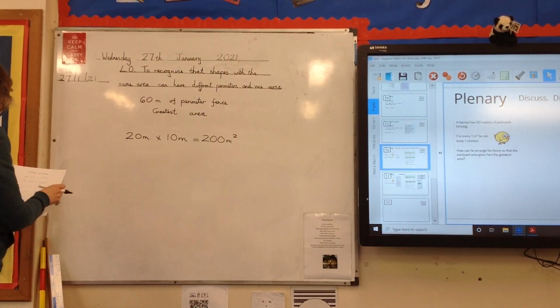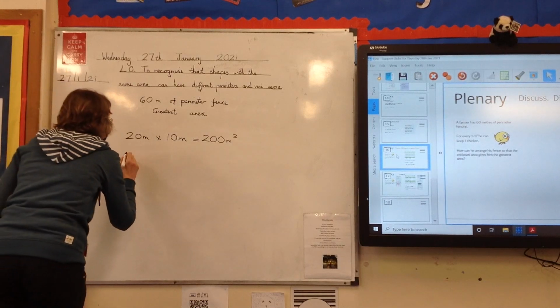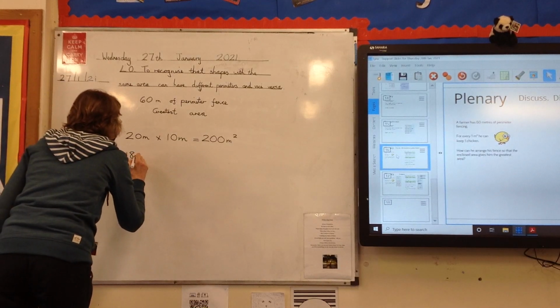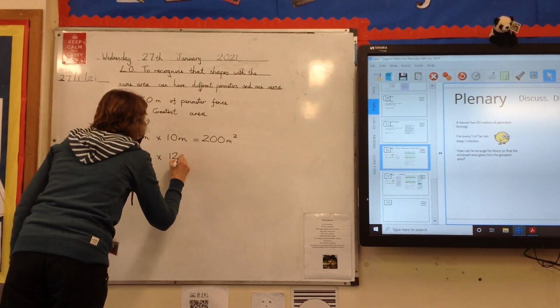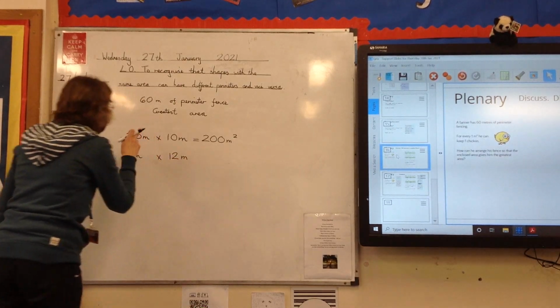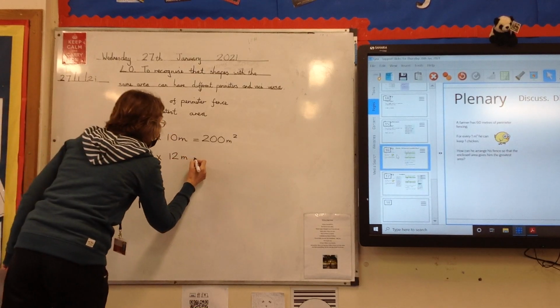So I looked at those numbers, and I thought, what would happen if I reduced that by a bit, to 18 metres, and I increased that. So I've just reduced that by 2 metres, and I've increased that by 2 metres.